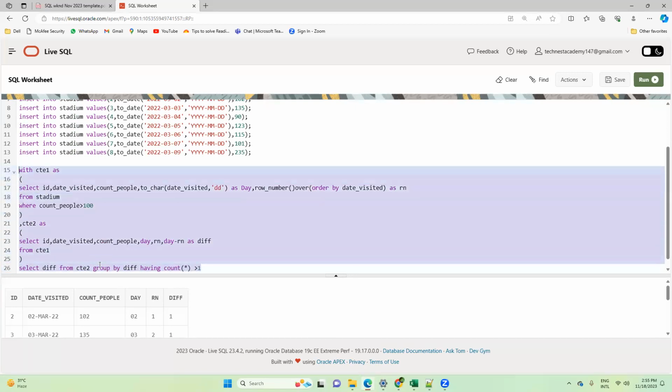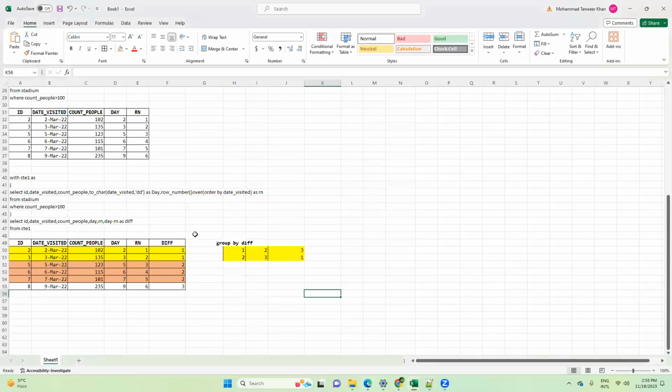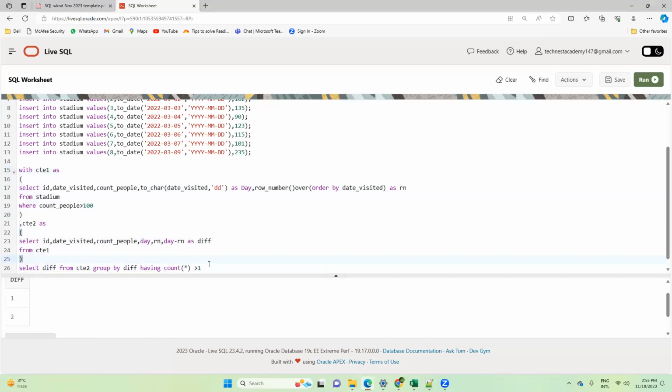So this will give me only those differences which have count of star greater than one, and the answer is one and two. So it means we need only those records where the difference is one or two, right? Got it? Is that clear why I have given this condition here?